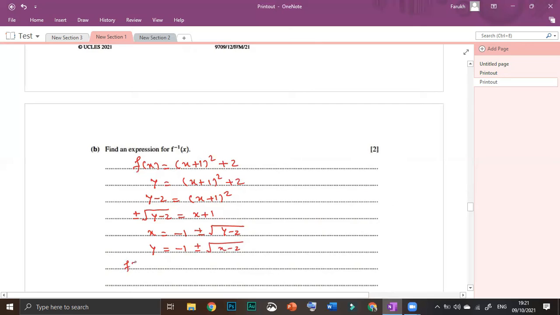Now we have two different expressions for f inverse x. One is with plus and the other one is with minus sign. Minus 1 minus under root x minus 2. Now we will look at the domain of f. The domain of f is the range of f inverse.